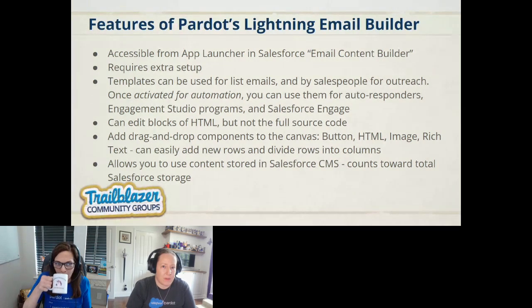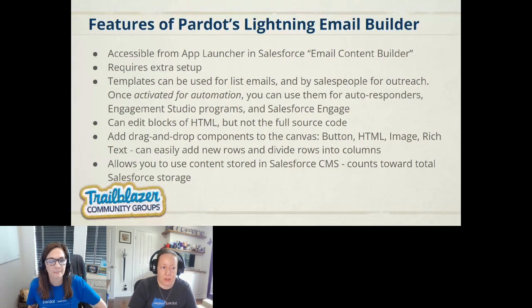Pardot gave us identity user licenses for people who just need access to the old pi.pardot.com classic interface, but that only lets you get into Pardot. So to use the Lightning Email Builder, you do need a full Salesforce license, and it requires your admin to do a lot of the CMS setup steps with you.